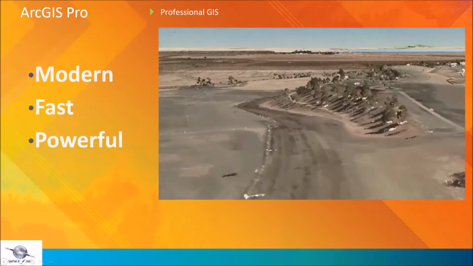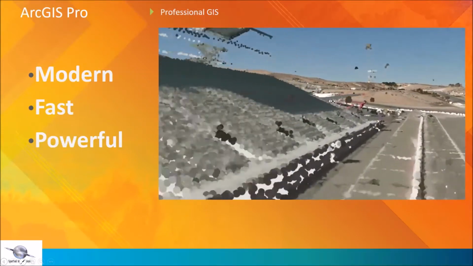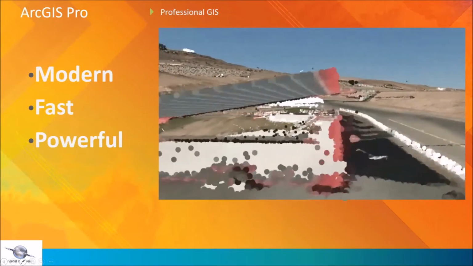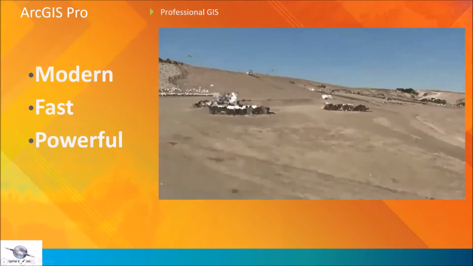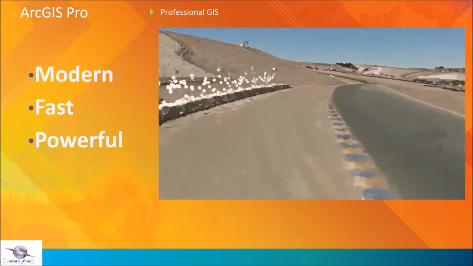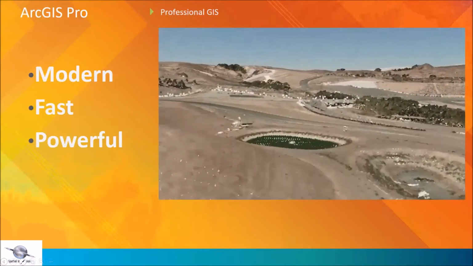You can have multiple maps open, multiple tables open, and execute multiple tools. The app does not block you or make you wait. It allows you to be more productive. This is possible because Pro is a 64-bit multi-threaded application.